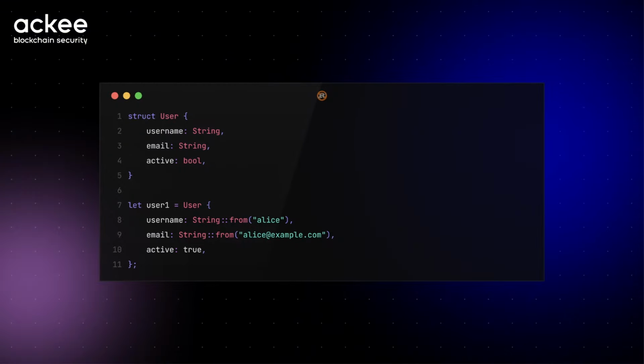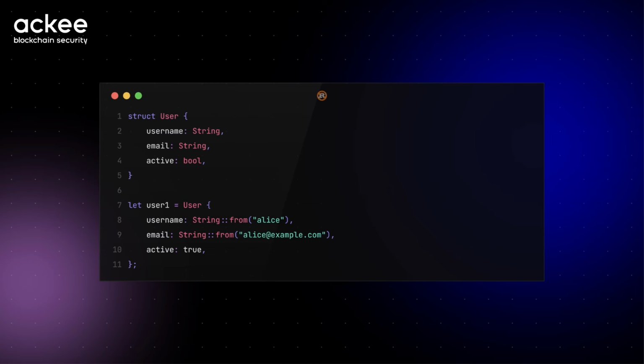From the perspective of structure, basically, as I was saying, it is similar to classes. The structure defines custom data types to group related data. So you can see on the code snippet that we have defined a struct called user, and this struct is going to contain three fields, in this case username, which is string, then email, which is again string, and then active, which is boolean.